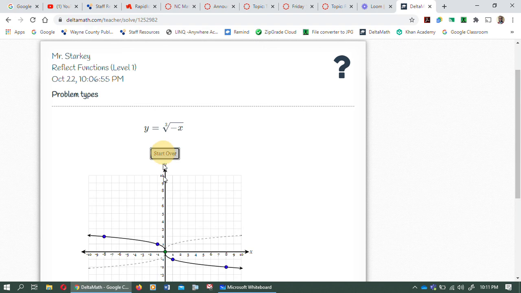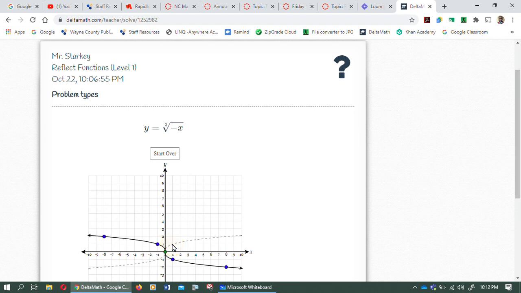All right, let me start that back over. That was where the point was originally. If I'm going to reflect it over the y-axis, I'm going to click, hold, and drag it across the y-axis, and it needs to be the same distance that it was. It was 1 unit over there.